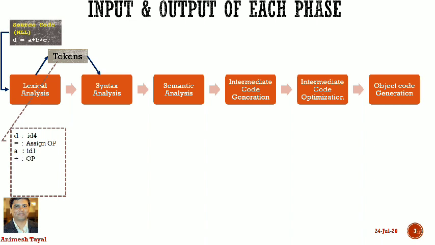Plus is op, means operator. B is ID2. Star is operator. C is ID3. And semicolon is end marker. Every statement should end with end marker. So always the last token will be the end marker.